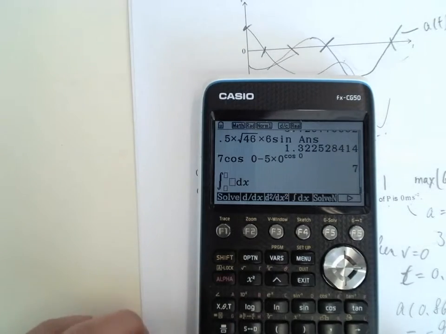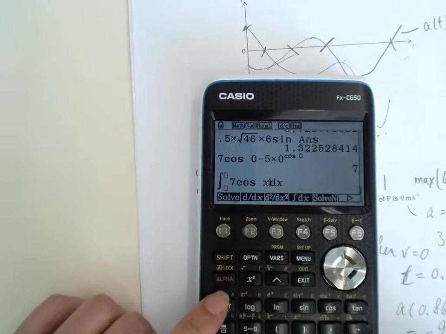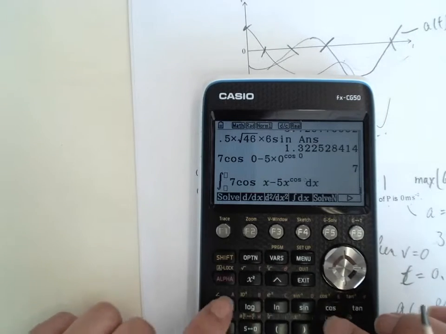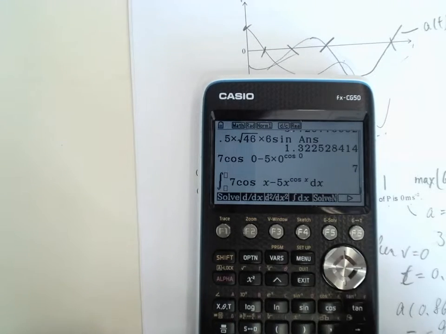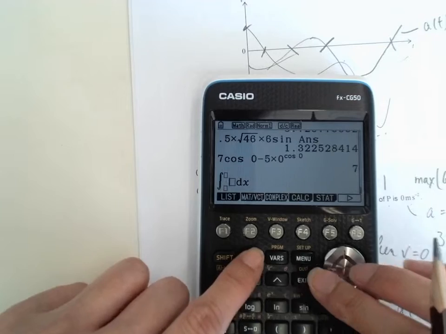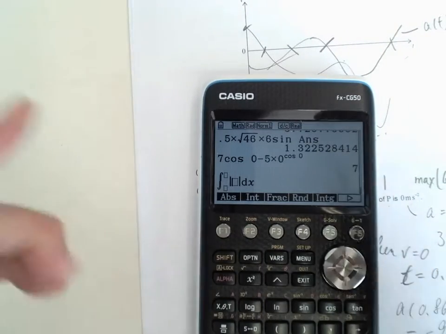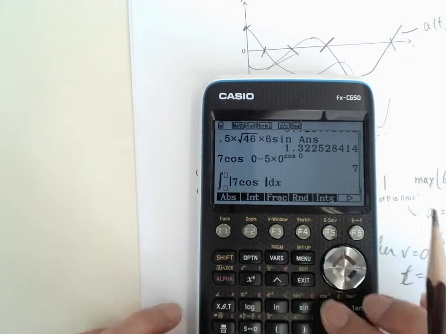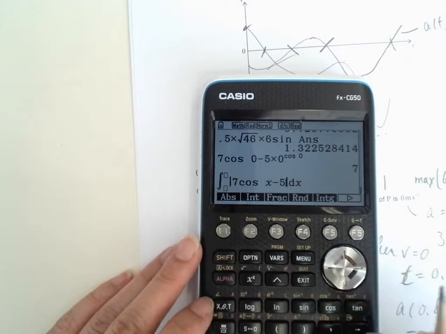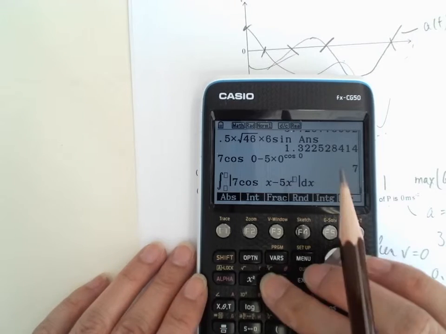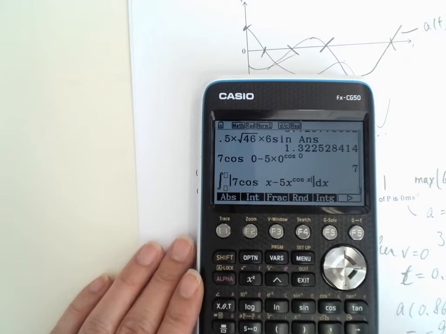So we have 7 cos x minus 5x to the power cos x. Ooh, it's horrible. Remember to magnitude it. Oh, I forgot to magnitude it. Sorry. So now we go to Option again, Numeric, Absolute first, magnitude it, and then we have 7 cos x minus 5x to the power cos x.